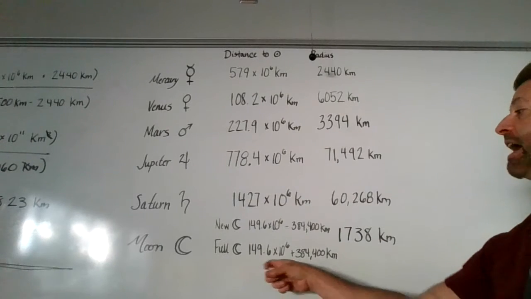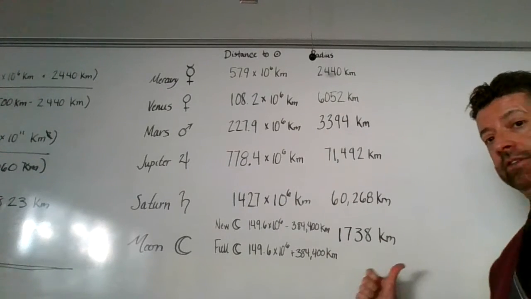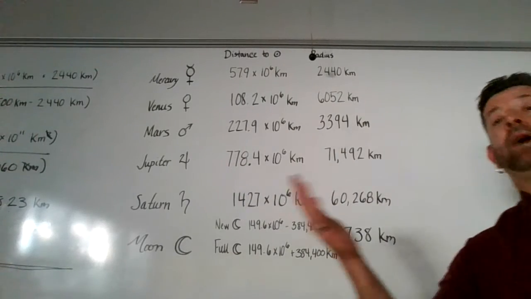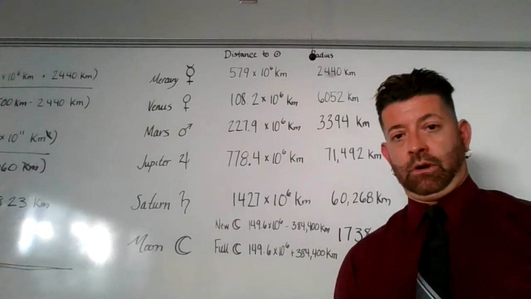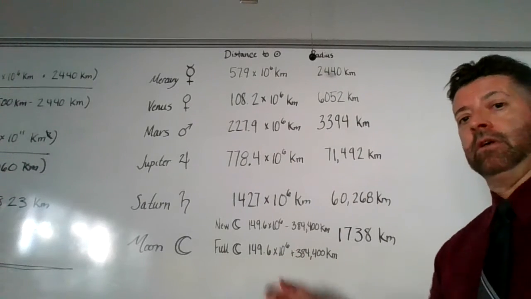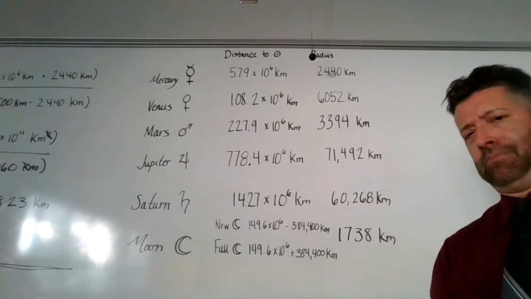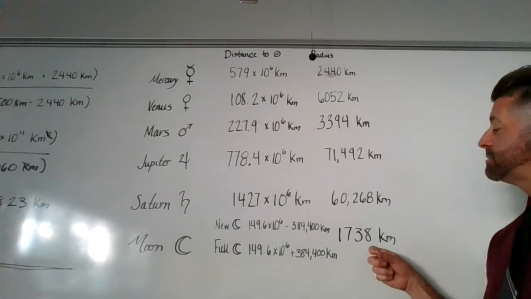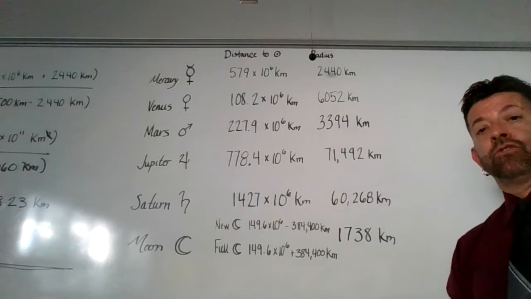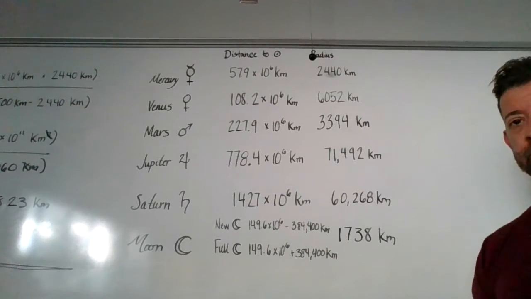And here, at full moon, it's the other side of the Earth, or 384,400 kilometers away from the sun. That much more. Plus the 149.6 times 10 to the 6th kilometers that we're already at on average. And then here's the radius for the moon. Using all this information, try and calculate the 6 problems that are posted for today.